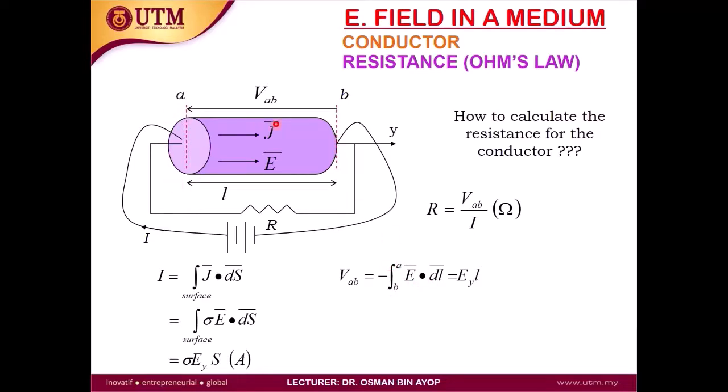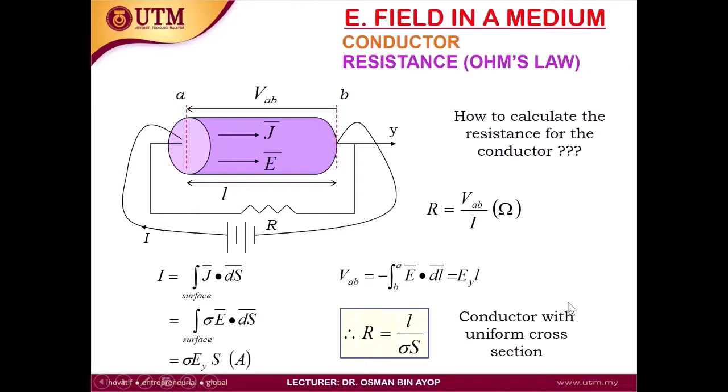Again, when we have a symmetrical structure where the cross-section area is not changed and the length is also fixed like this, we can simplify our VAB into E Y L, because our E is in the direction of Y. Therefore, we can define our resistance R equal to L divided by sigma S. This is the resistance in a conductor with uniform cross sections.